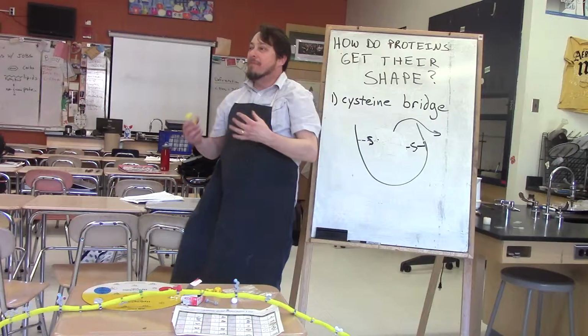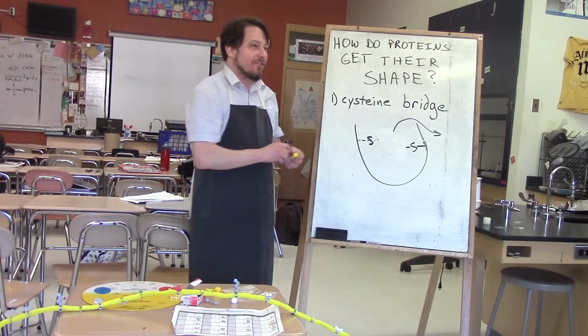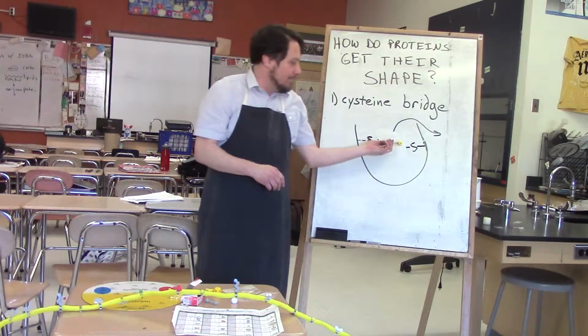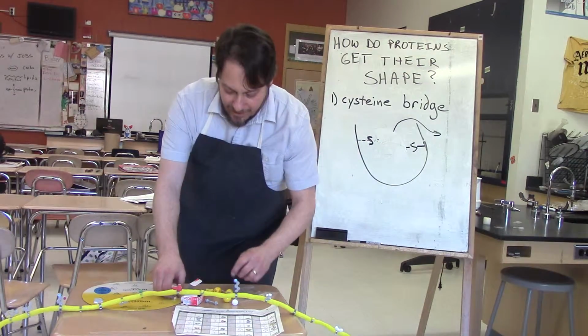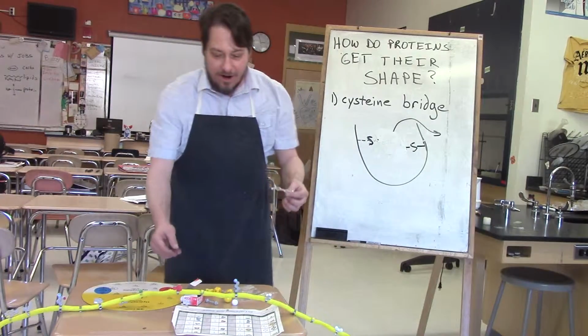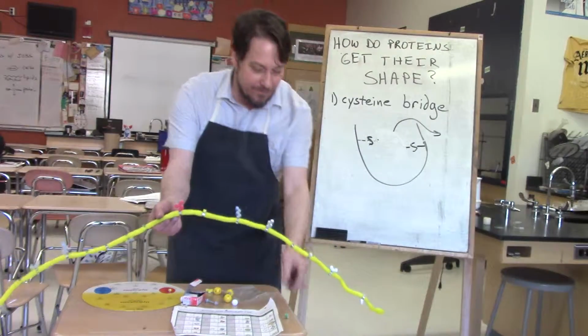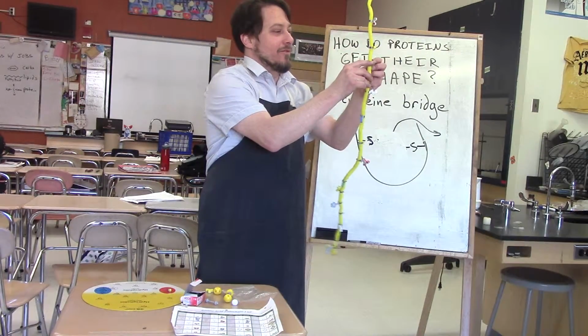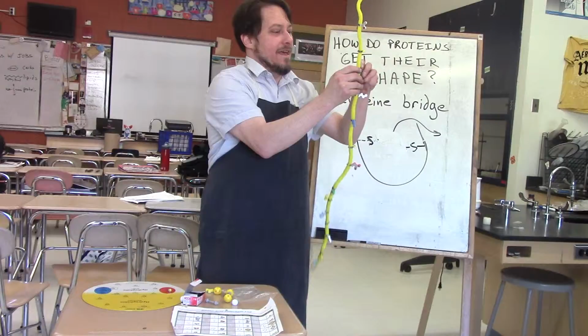And this is one of the major things that gives a lot of proteins their structure. These little clips here that you have are to connect different parts of the protein to each other. Let me put my cysteine back on because it seemed to have fallen off.